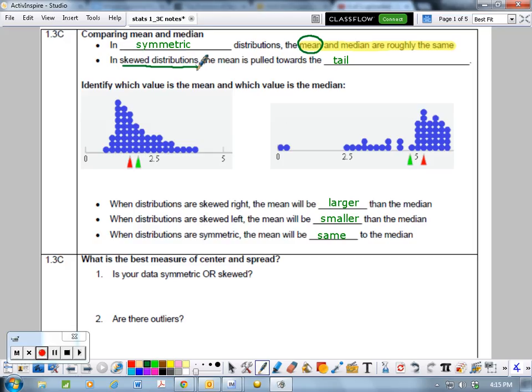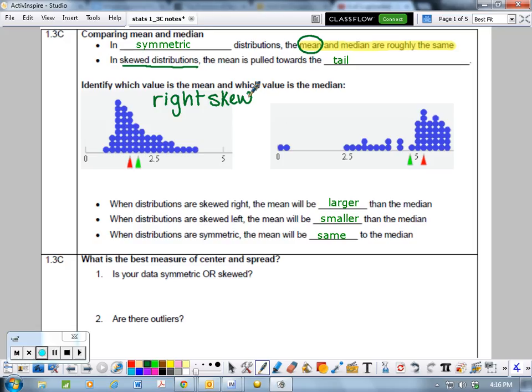So we're going to go ahead and look at some dot plots that we have here. Our first dot plot on the left, obviously the tail is to the right, so this is a right skewed distribution. And because it's a right skewed distribution, we need to be able to identify which ones are mean and which ones are median.